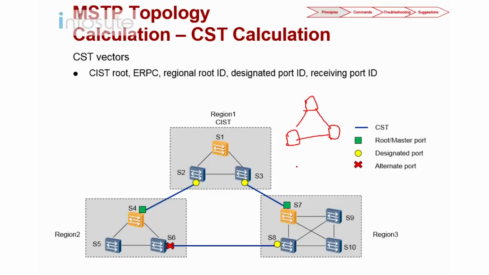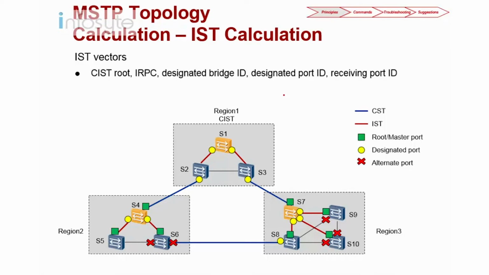Once you understand this, it will be easier for you to follow, because once the CST is selected, the next step is to look into the internal MSTI. If you still remember, this is the root for our common spanning tree, but S1 is also the root for our internal spanning tree.